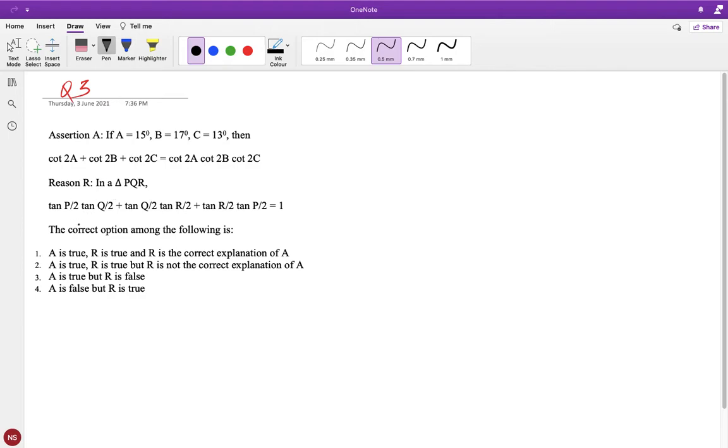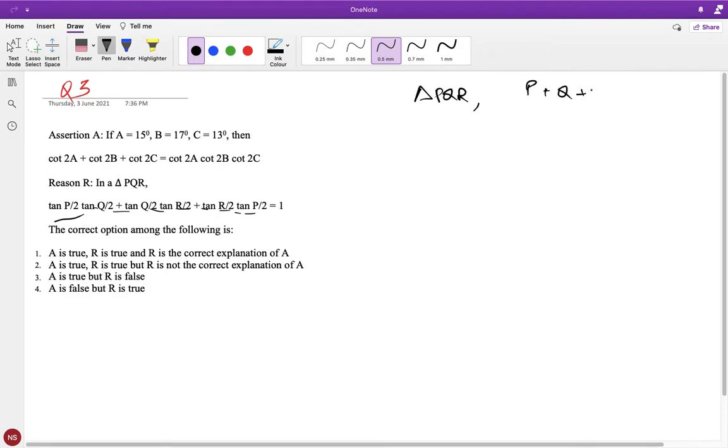So first I want to see if R is correct, whether this expression is indeed true. In a triangle PQR, P plus Q plus R is π.